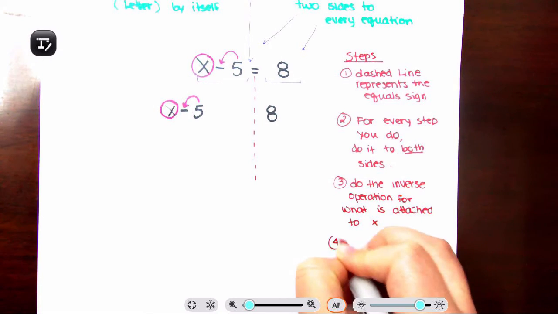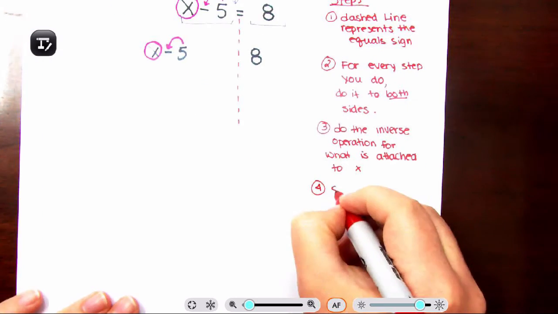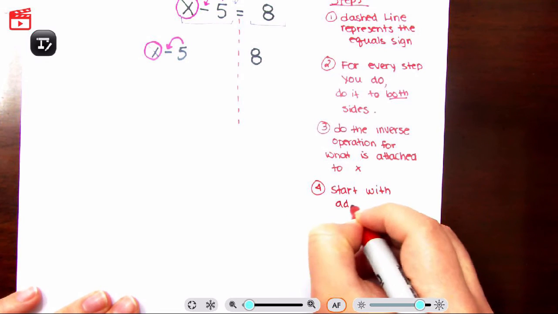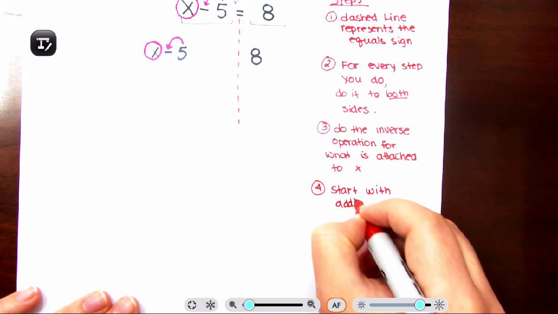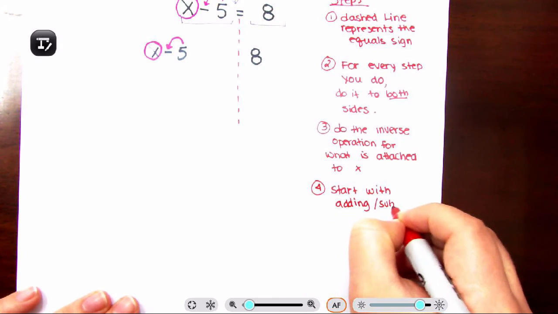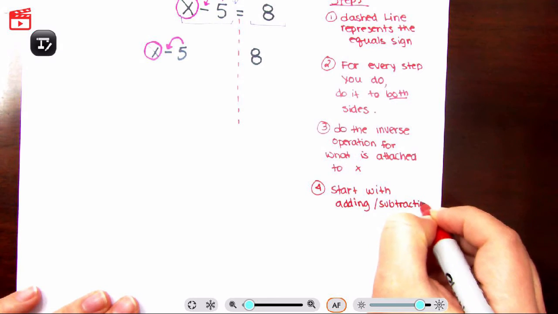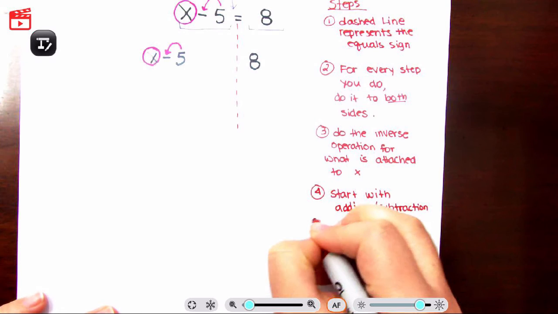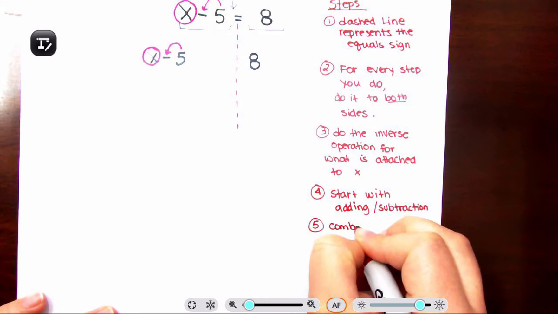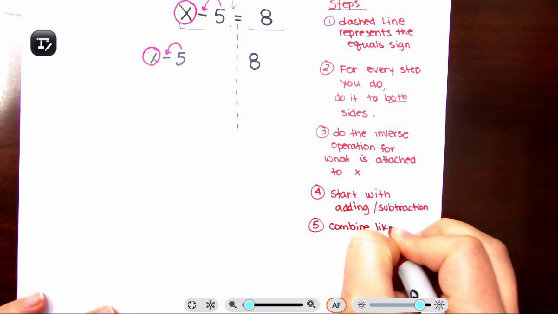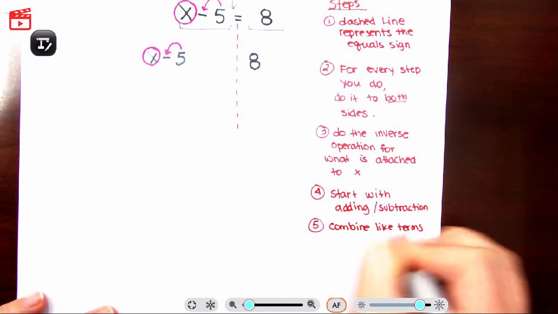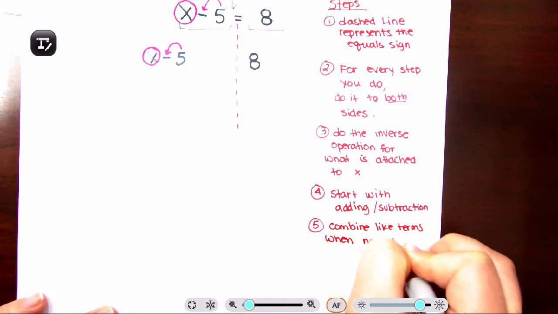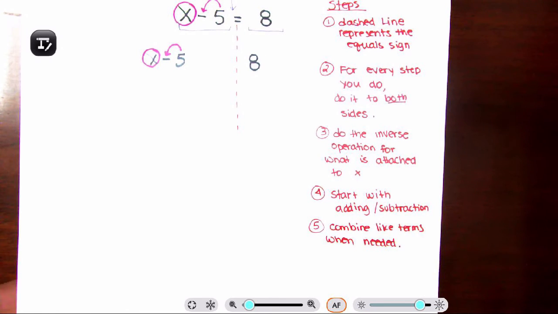Step number 4: start with adding or subtracting. Get rid of addition or subtraction first, okay? If you need to, combine like terms.